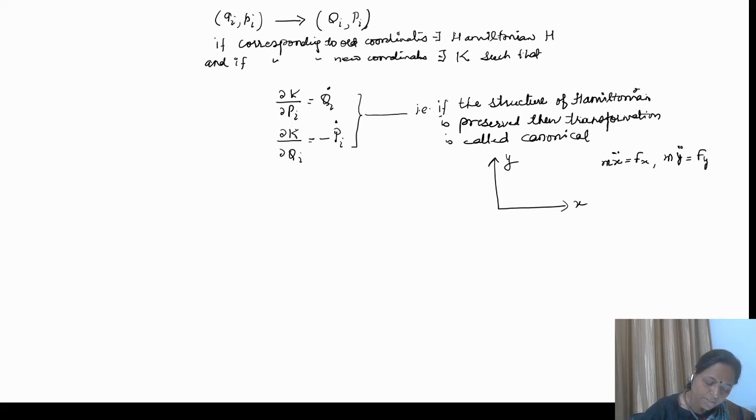Suppose you rotate this system by 90 degrees and get a new coordinate system x' y'.